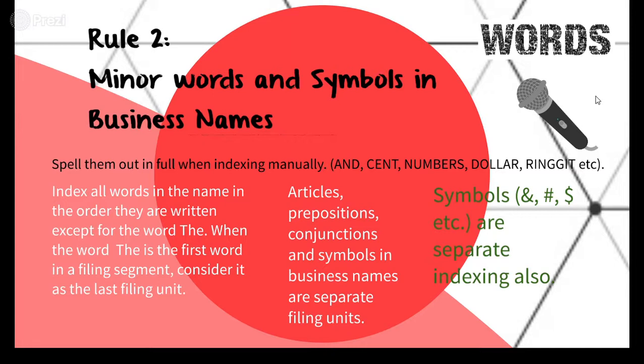When the word the is the first word in a filing segment, consider it as the last filing unit. Articles, prepositions, conjunctions, and symbols in business names are separate filing units. Symbols are separately indexed also. You can see the symbol.